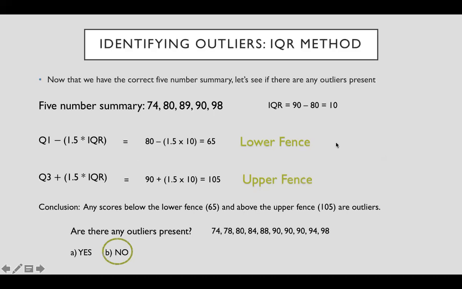All right, awesome. So no, there are no outliers present here, because since the data was actually given in numerical order, you can see that the lowest number is 74 and the highest is 95, so there are no outliers.